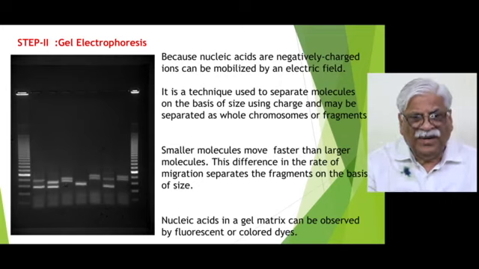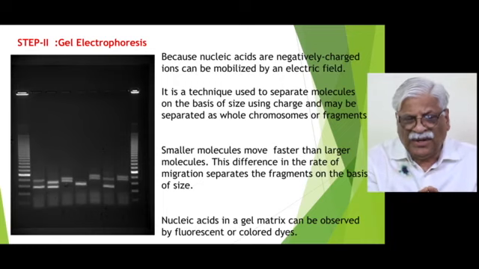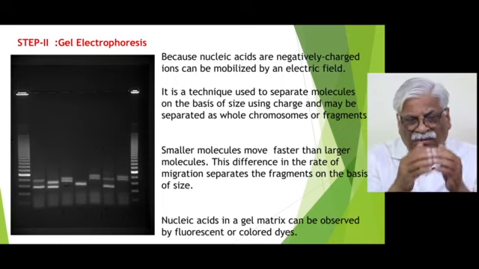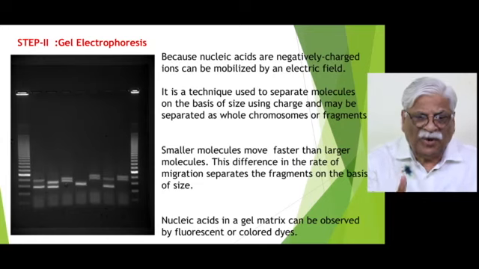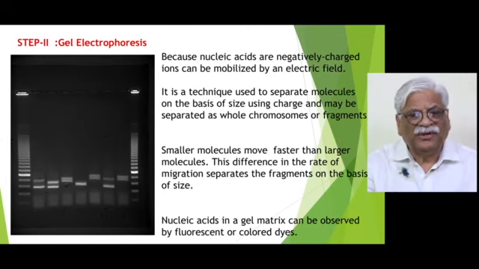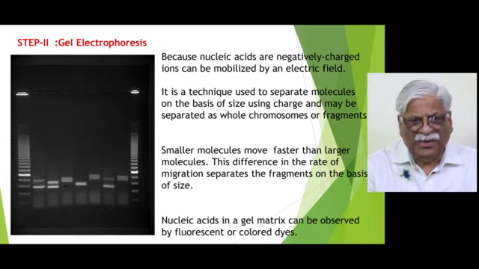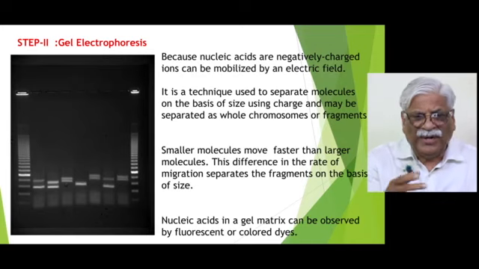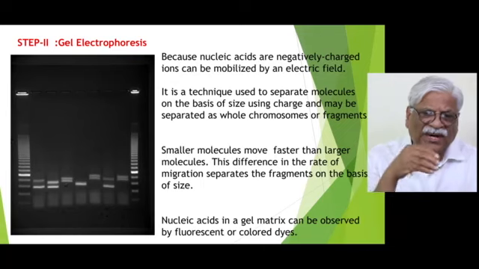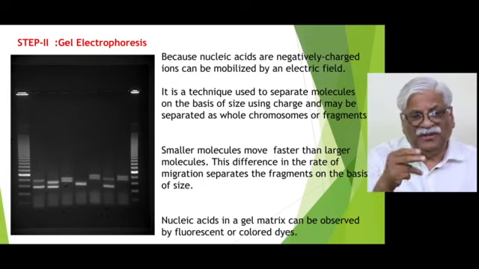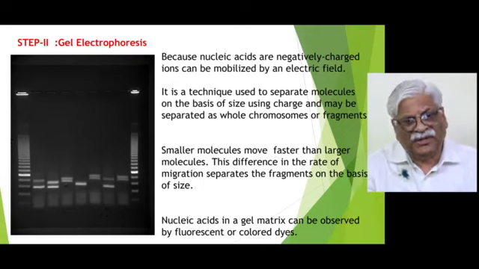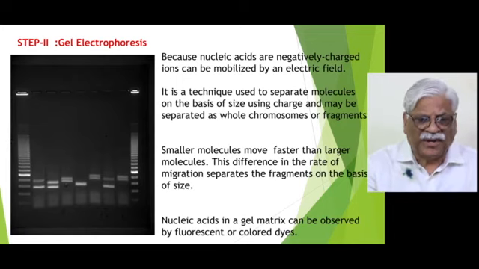While running, the larger parts of a DNA remain on the upper side, and the smaller parts go downwards. Since the DNA is very long, people sometimes break it down with the help of an enzyme and then run it like this. So small DNA goes to the bottom, the large DNA stays on the top, and this way the different fragments of DNA are separated. This is also a very important technique used in DNA manipulation.